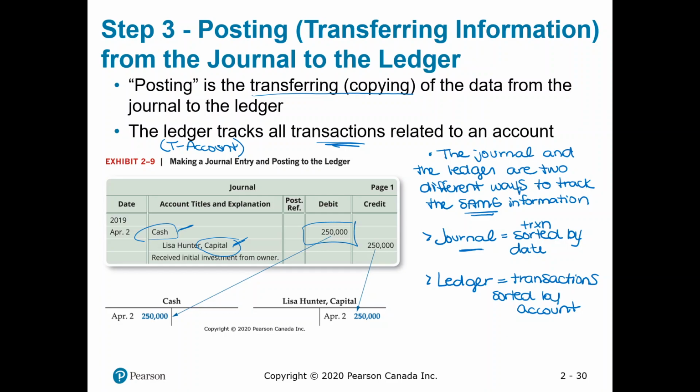Now looking at the ledger, so it's sorted now just by accounts, you can see that down here. We will just see all of the different transactions that happen in cash. So now if we quickly want to see, well, where did all our money go? We see cash here. Maybe later we see a credit of $100,000 where cash was going out. Then we bought some supplies for $10,000, another credit.